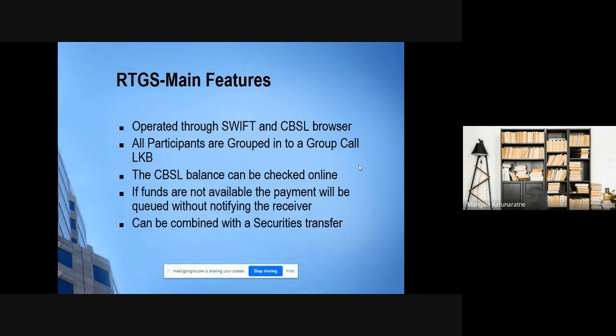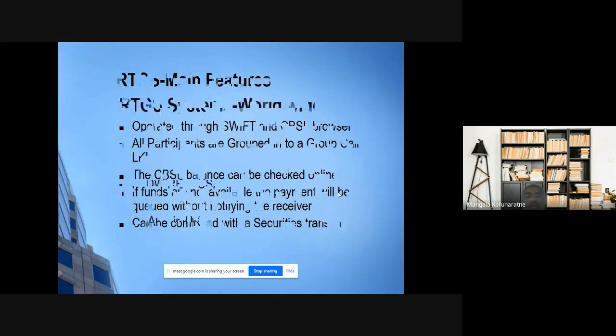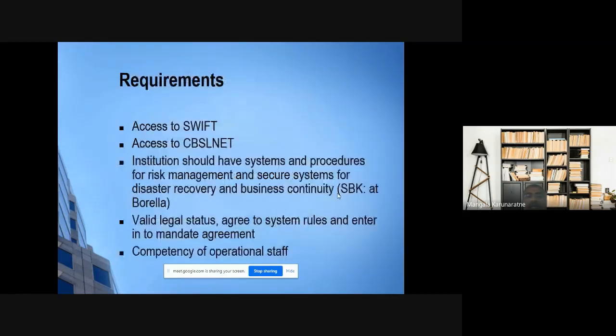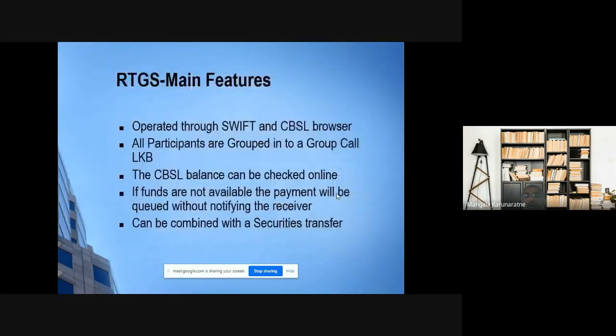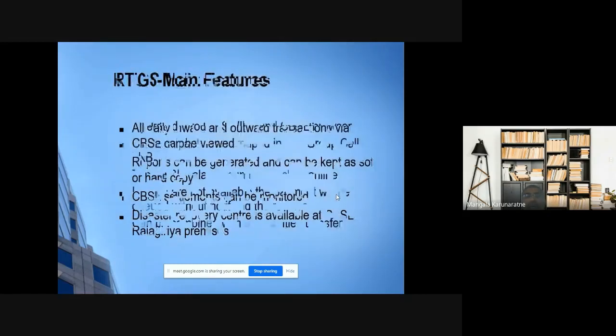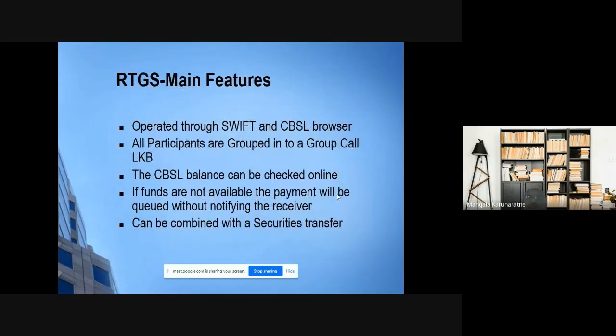If you have a DR site, then you have to have another lease line to the DR site as well, and set that up for the operation, right? So the CBSL balance can be checked online.